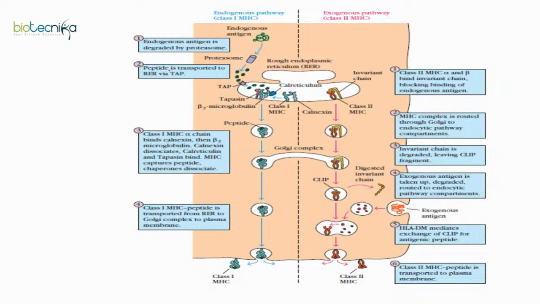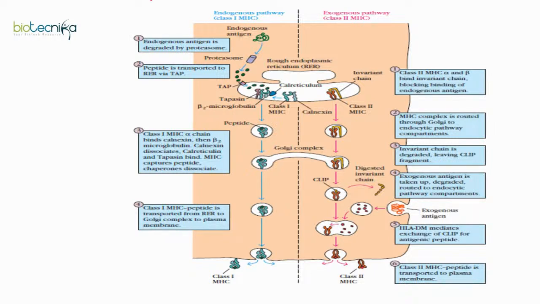There you will have to study about the class 1 MHC, class 2 MHC, and how they process the antigens, which one is for the exogenous antigen, which one is for the endogenous antigen, how they process it, how they present it, who recognizes it. That entire detail you will study in that particular chapter. So I have just taken a picture from that chapter, which summarizes the processing and presentation of the antigens by the two classes of MHC molecule, class 1 and class 2.